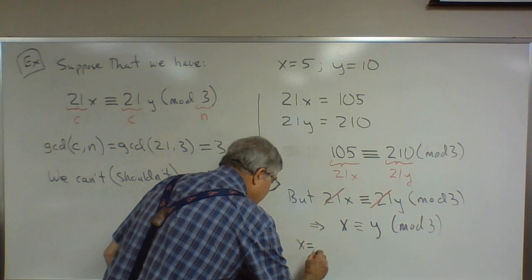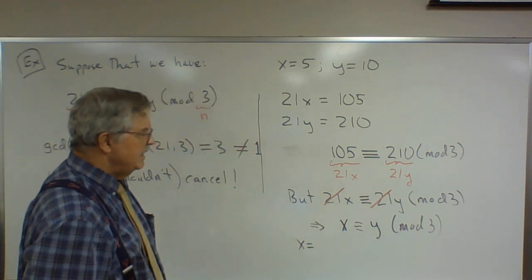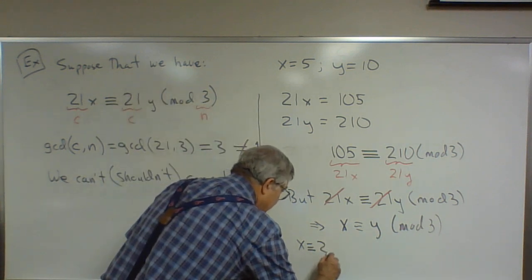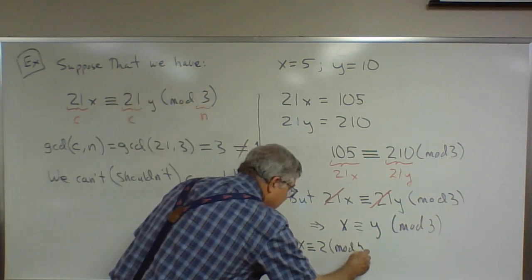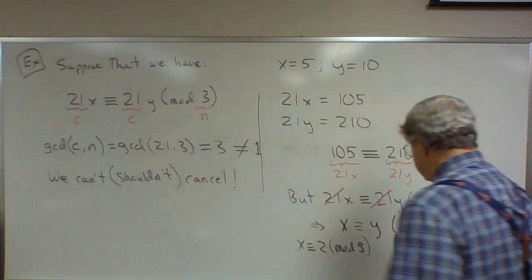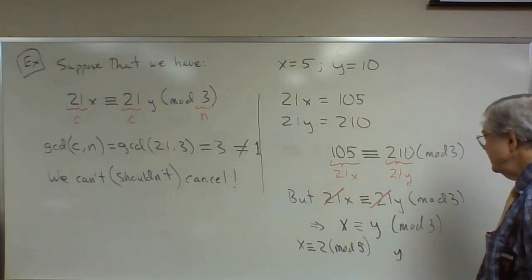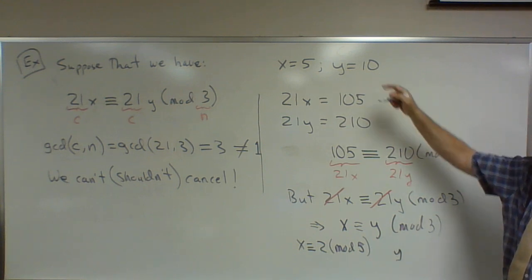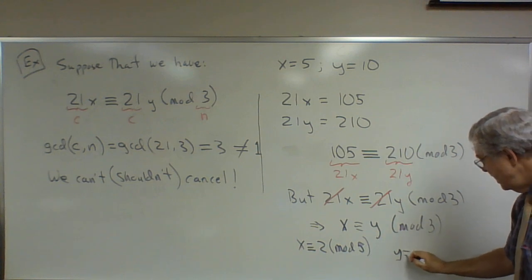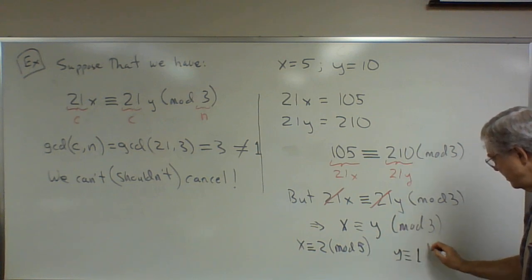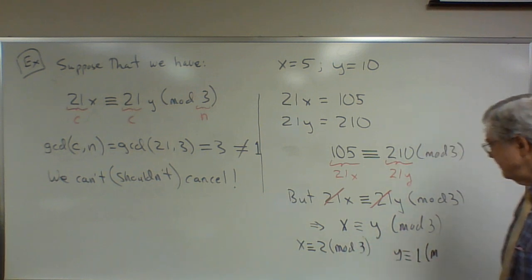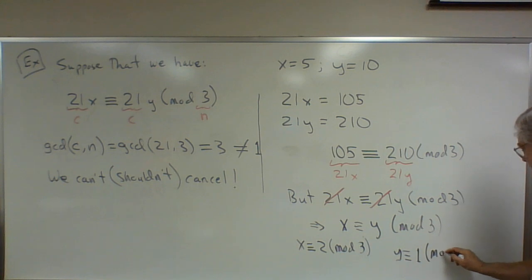We divide x by 3. 5 divided by 3 is 1 remainder 2, so x is congruent to 2 mod 3. Y is 10. If we divide 10 by 3, we get 3 remainder 1. So y is congruent to 1 mod 3.